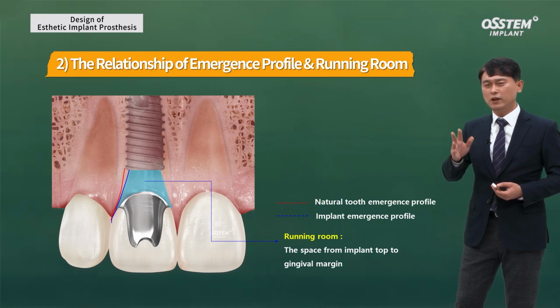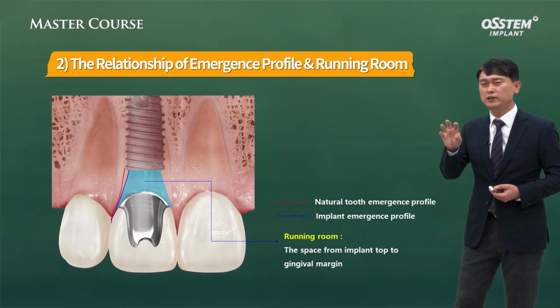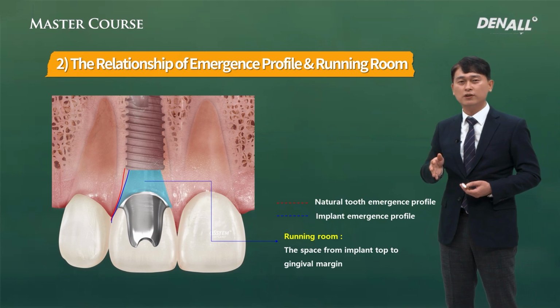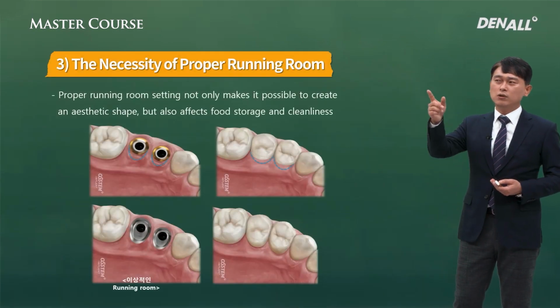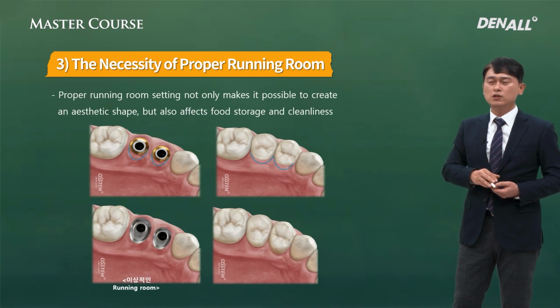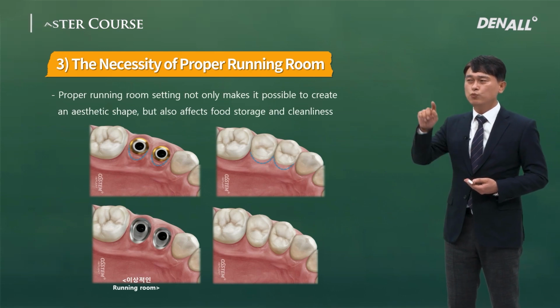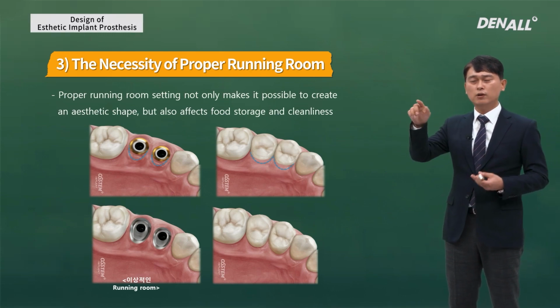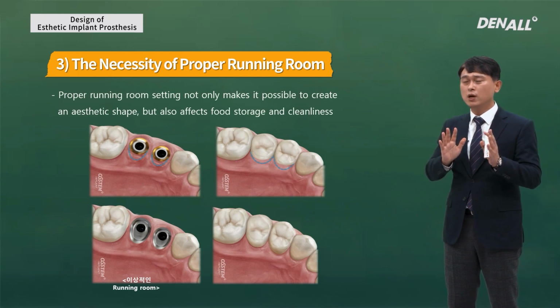This may sound difficult, but if you have a proper running room, the patient would not experience discomfort and everything will fit in passively. As you can see, at the beginning, stock abutments were used with a narrow width. So this is the representation of that. At the top pictures, the palatal extension is not sufficient.